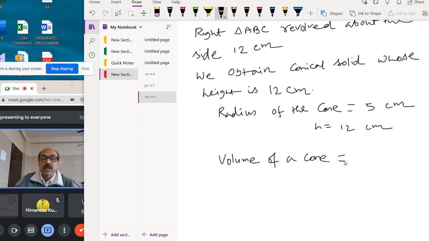equal to, we know the formula, 1 by 3 pi r square h.